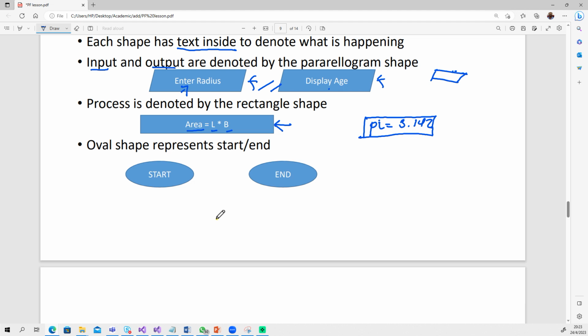That means something is being entered. That is input. Output is anything where you say display this or show this on the screen. Any of those things always have the same shape, that is a parallelogram. But where we are processing, we are saying we have these values, can we now compute something?